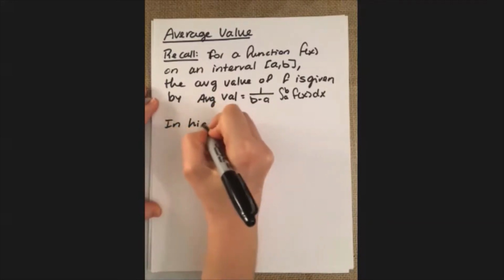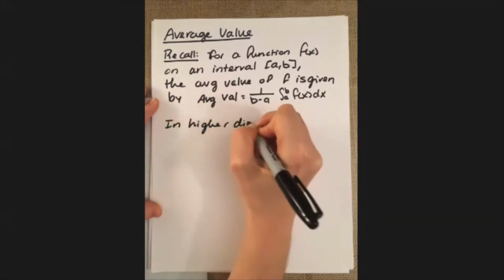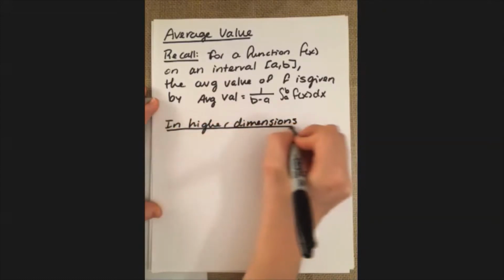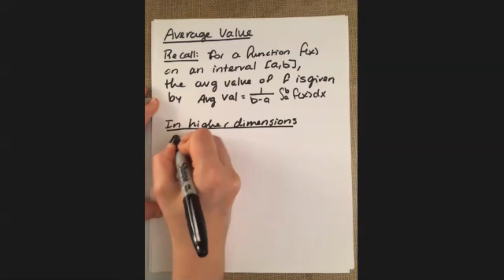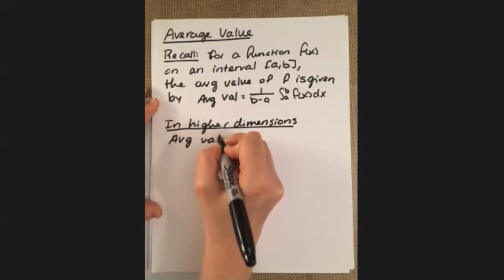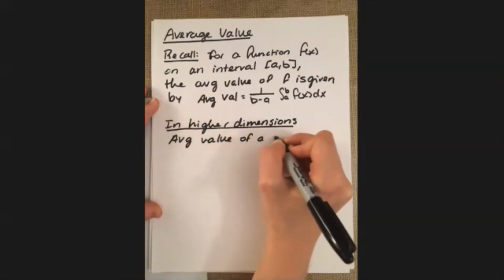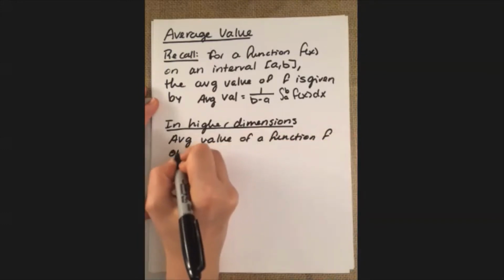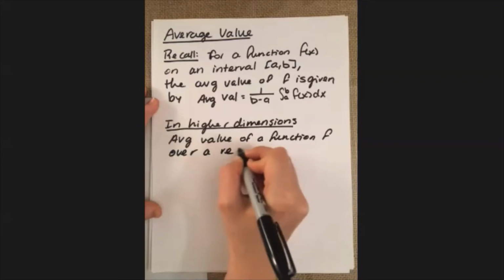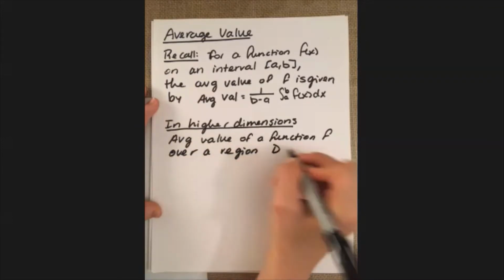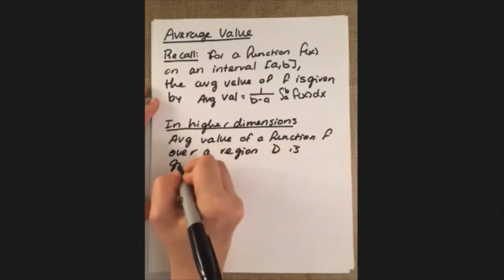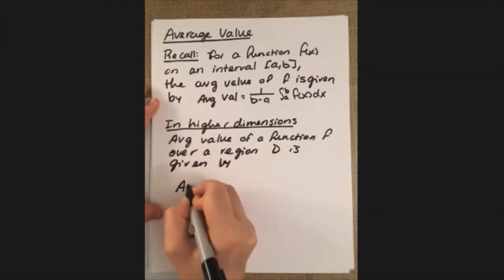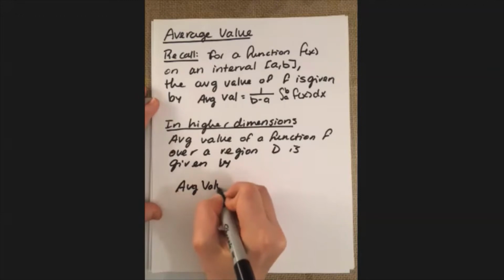So in higher dimensions, and for our purposes, the average value of a function f over a region D is given by something that's really quite similar.